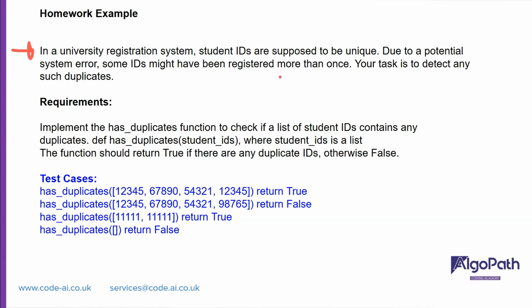Your task is to find or detect any such duplicates. So you have some requirements here. I suggest you try to do this on your own. Spend a little time looking at these slides again in this video, going through how you manipulate dictionaries, for example, deleting, searching, finding, and so on. And have fun with your homework.